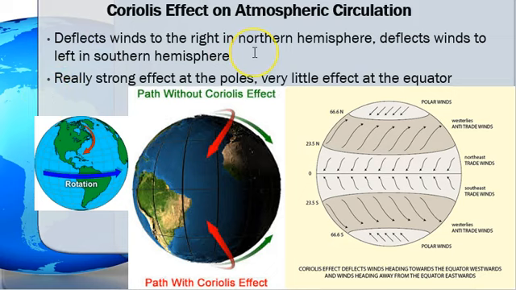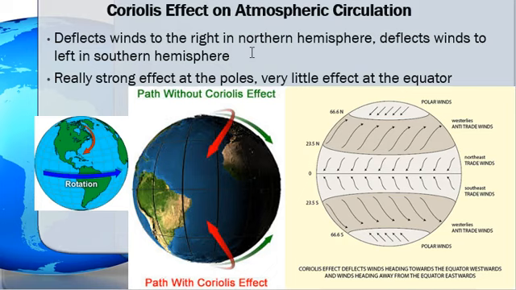And the Coriolis effect will deflect winds to the right in the northern hemisphere and to the left in the southern hemisphere. And this is also what causes water to spin in different directions in the different hemispheres. So if you flush a toilet in the southern hemisphere, it will go the opposite direction as it will up here.